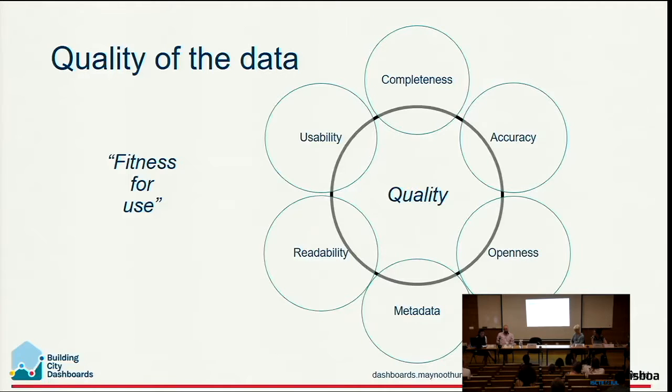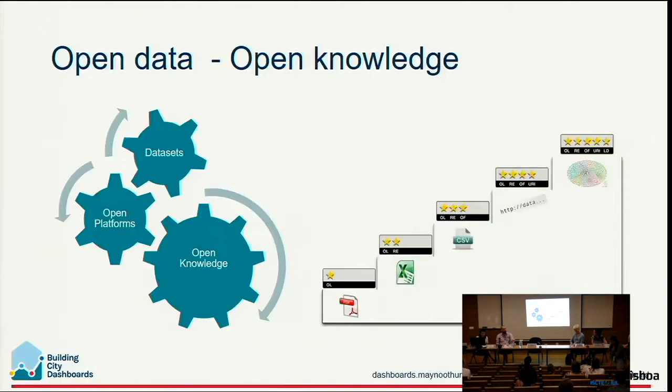Also, in terms of open data, parameters such as completeness, accuracy, openness, metadata readability, and usability are crucial in making the data qualitative. Although many standards, policies, and guidelines are produced and designed in terms of data quality, we still have little assurance to say how qualitative these data are.